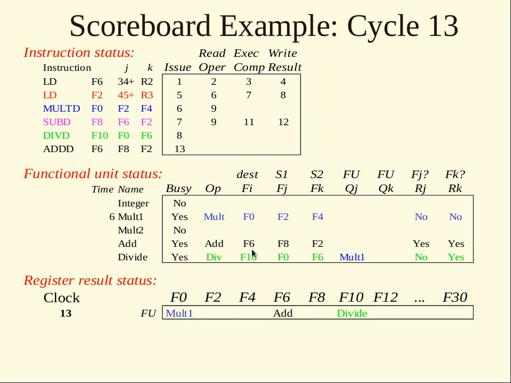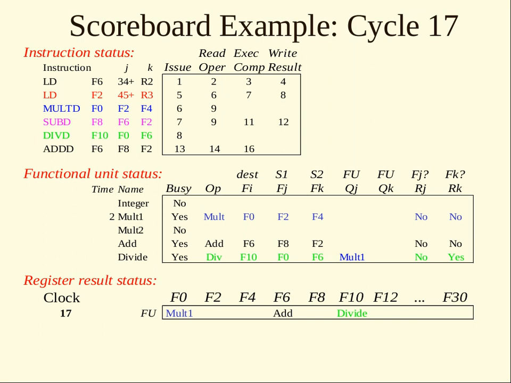Yes. In this one, he uses F8 and F2, which we've already gotten rid of with the previous. F8 has already been written to by the previous subtraction. The divide is writing F10, so you're fine, and the multiply is writing F0. So that add is good. You can also tell because I put yes, yes right here. So he's going to execute.